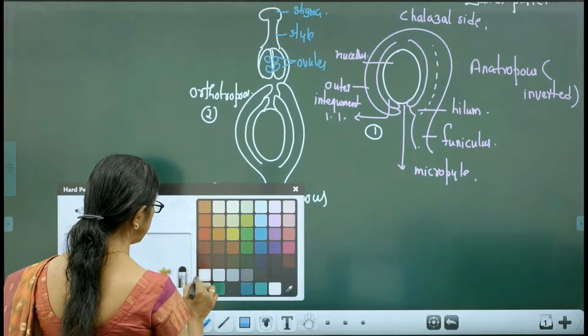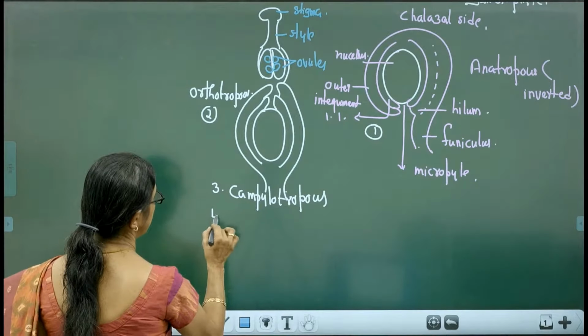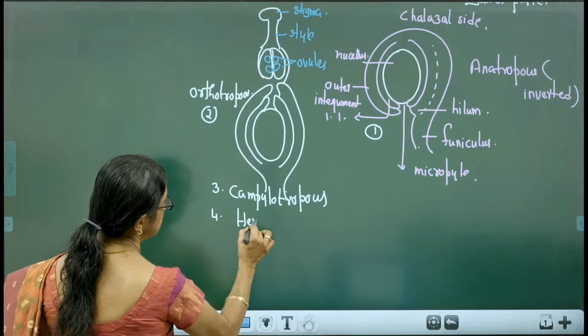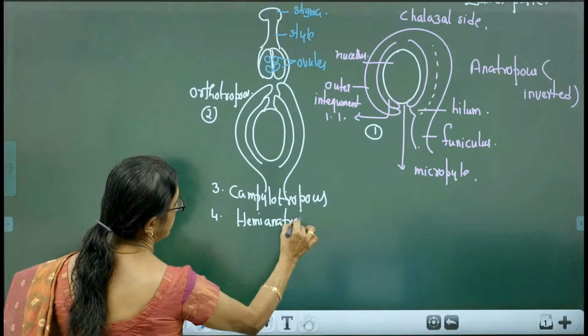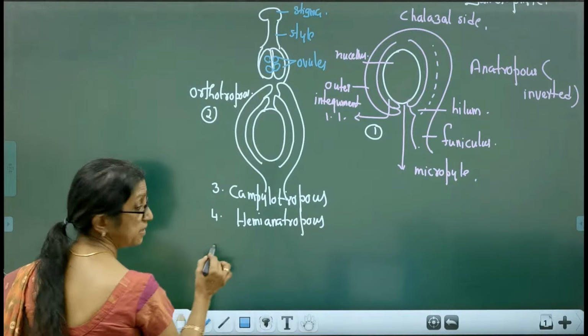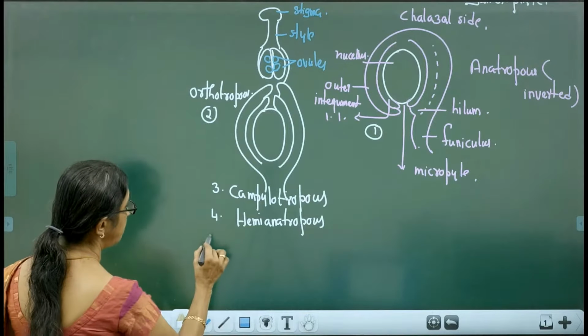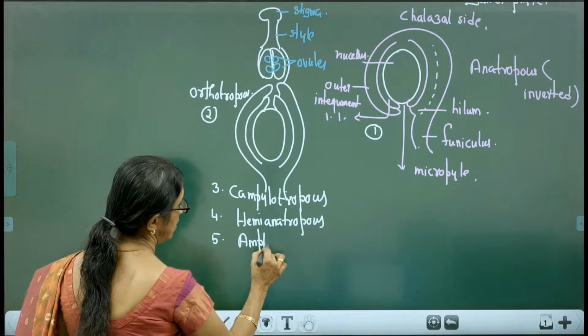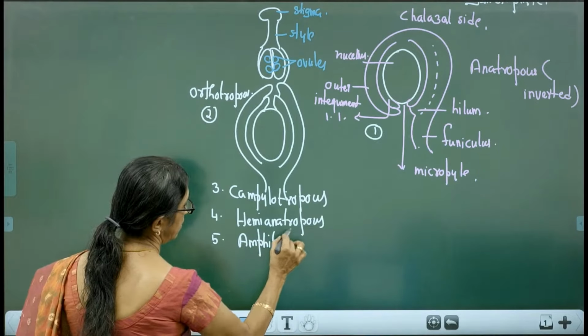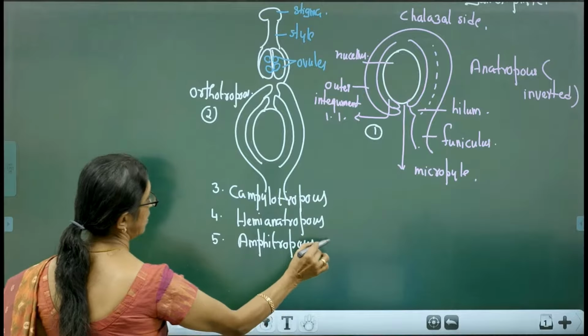The fourth one is called hemianatropous. And the fifth one is called amphitropous. Right?